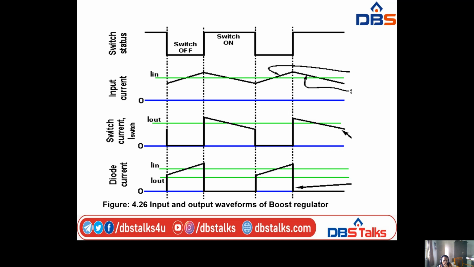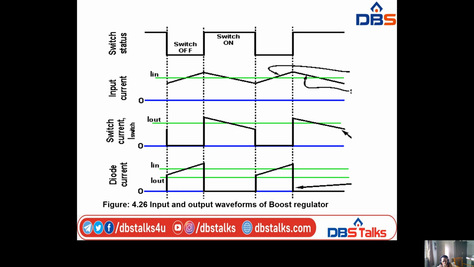Input current: in the switch off state, the input current slightly increases, and it goes down whenever the switch is in the on state. This is in continuous mode.